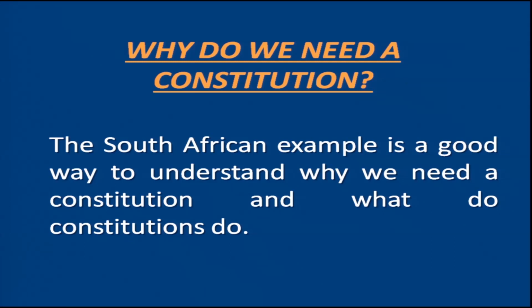The South African example is a good way to understand why we need a constitution and what a constitution does. The South African model, which was drawn up by the people, both black as well as white, is itself a model of constitution for the whole democratic world.